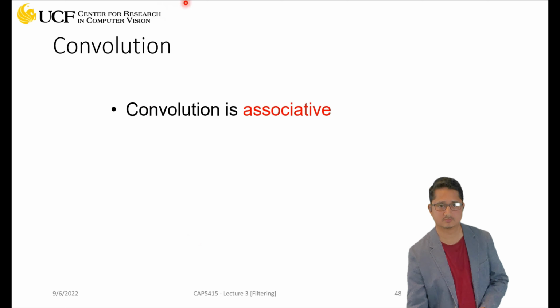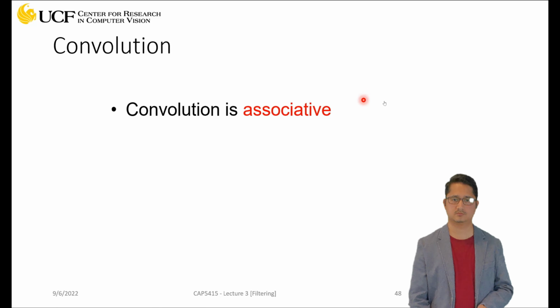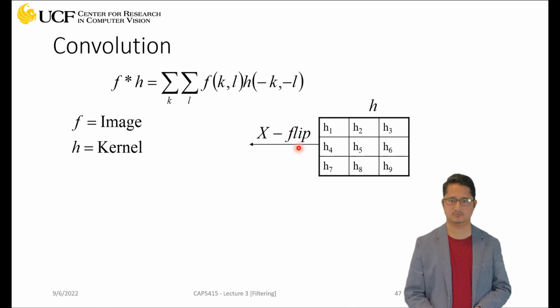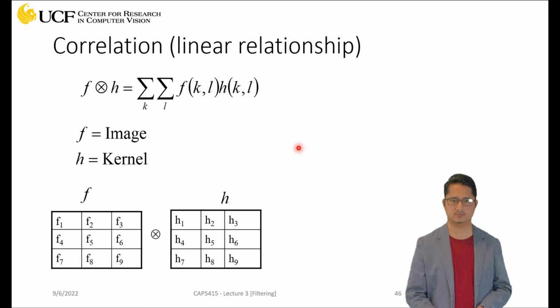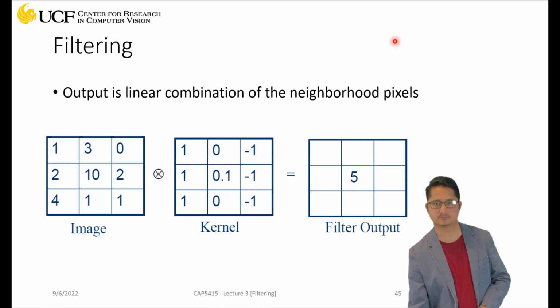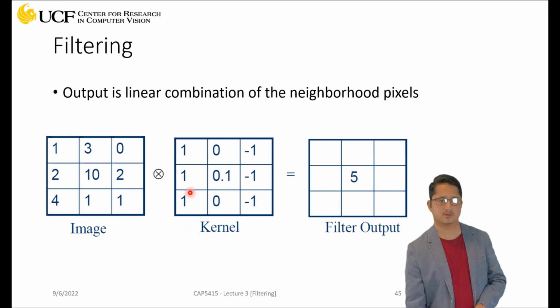Professor, in the filtering slide, I couldn't understand how the filter output was computed. Can you show how the calculation is done? So these are all one, right?